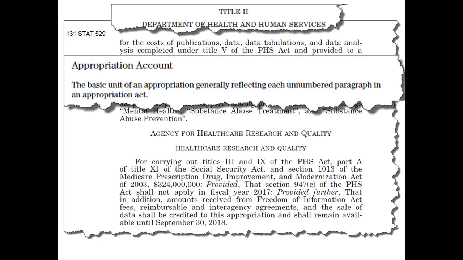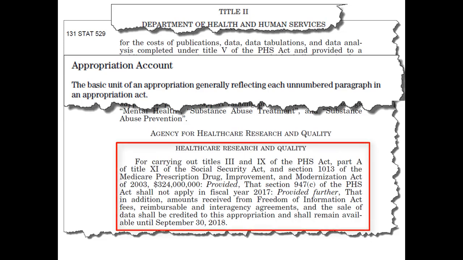The GAO definition of an appropriation account is the basic unit of an appropriation, generally reflecting each unnumbered paragraph in an appropriation act. In this example, here is our unnumbered paragraph. So Treasury assigns a separate symbol to represent the account, titling it Healthcare, Research, and Quality.